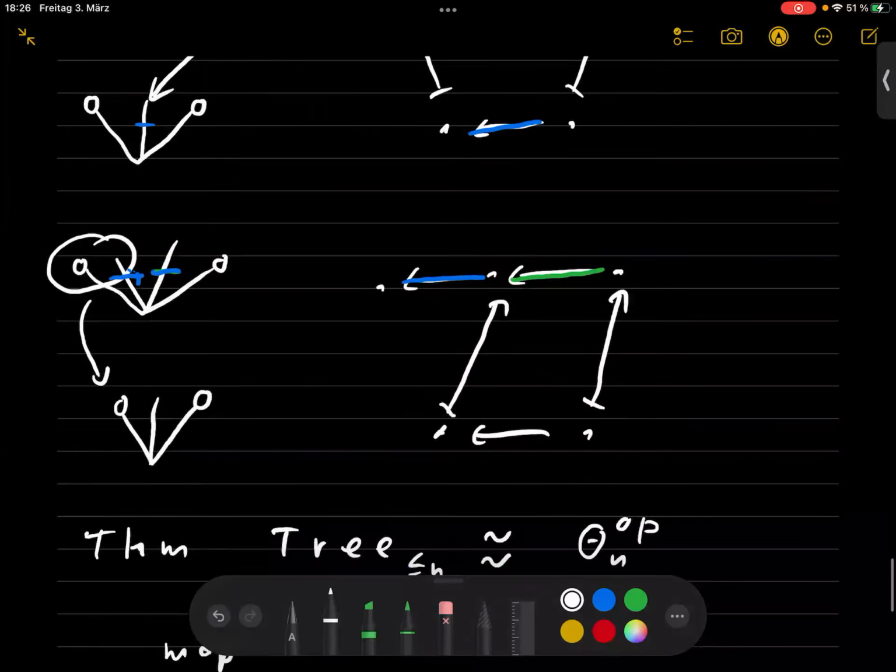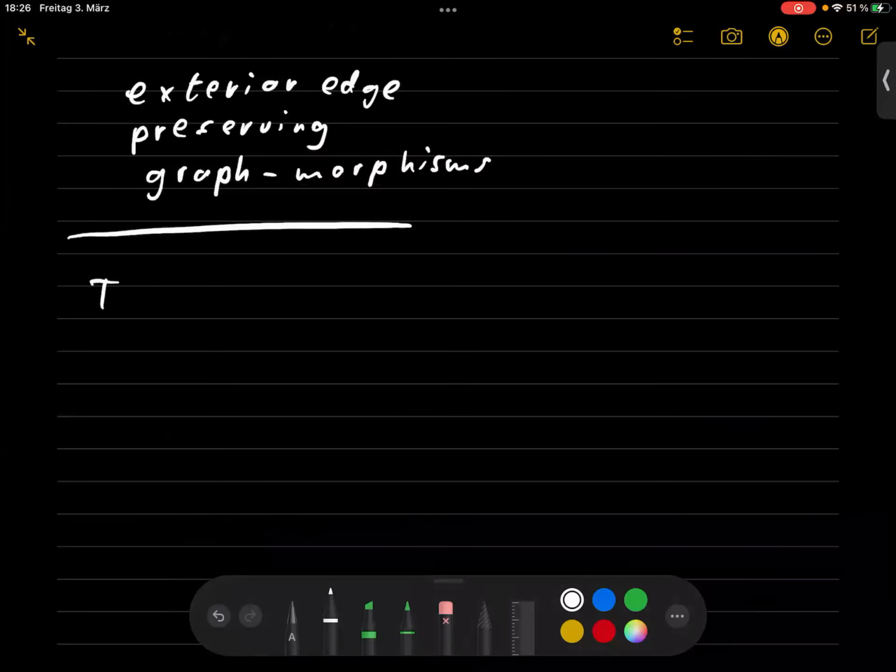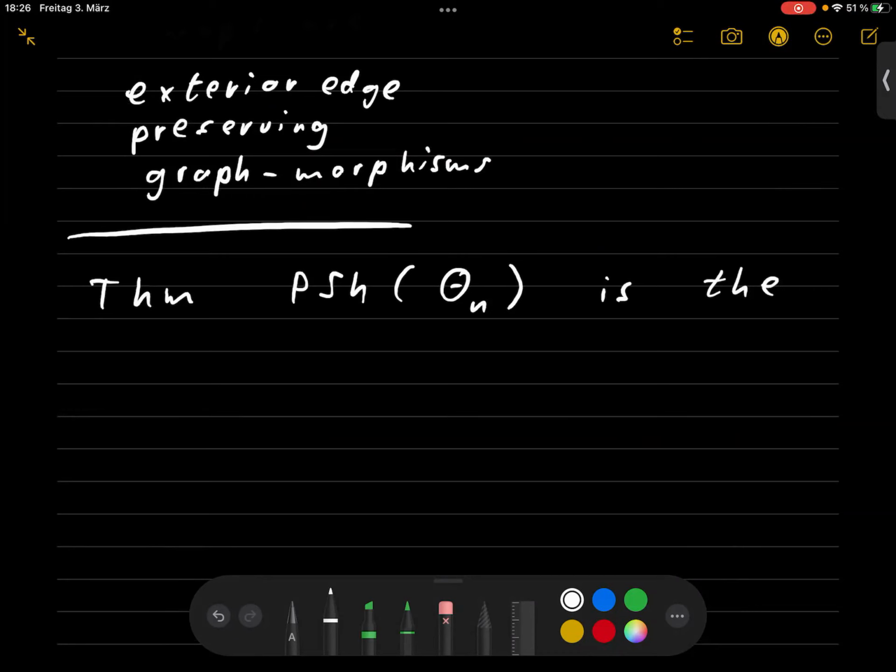And what is the theorem for that? The theorem is that presheaves on theta n is the so-called classifying topos of the theory of n disks.